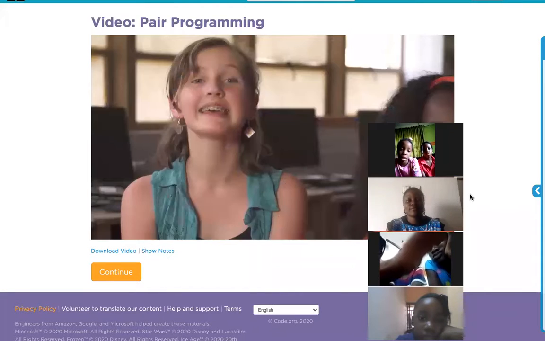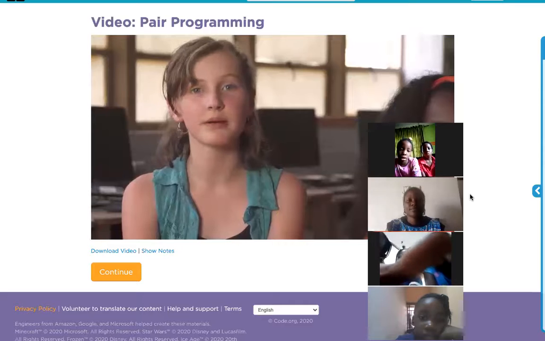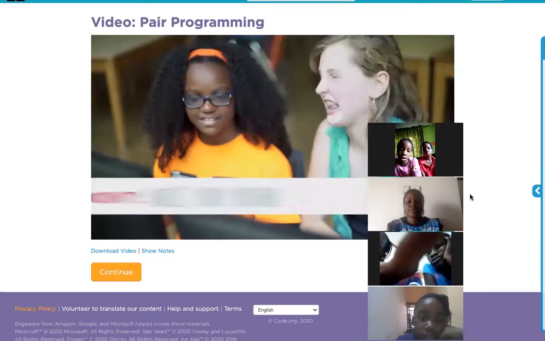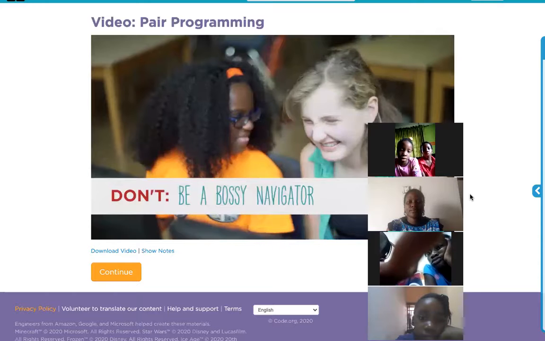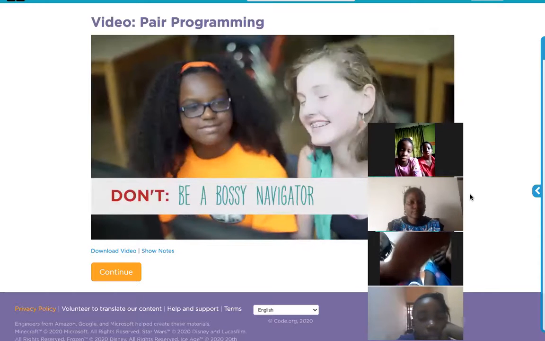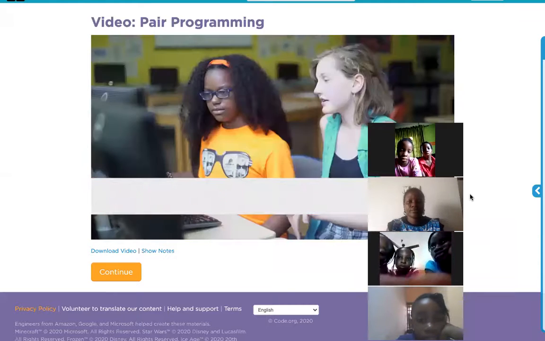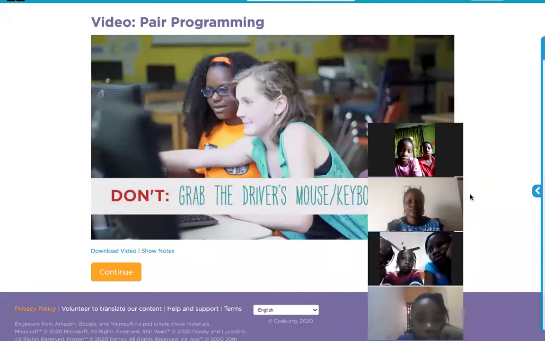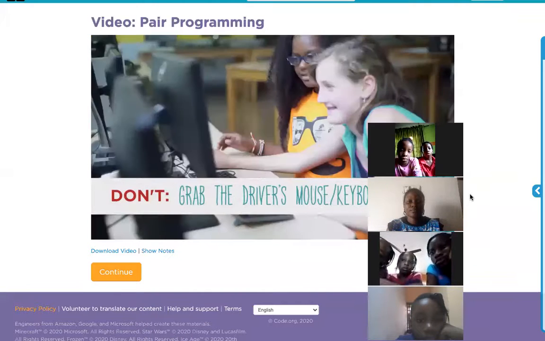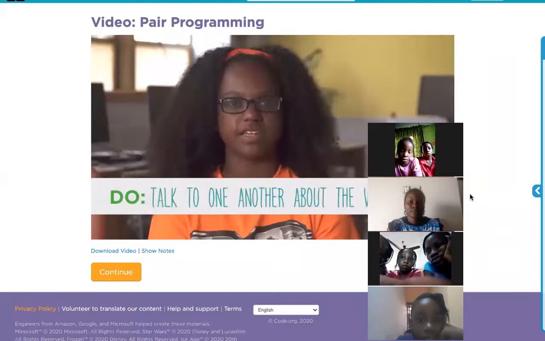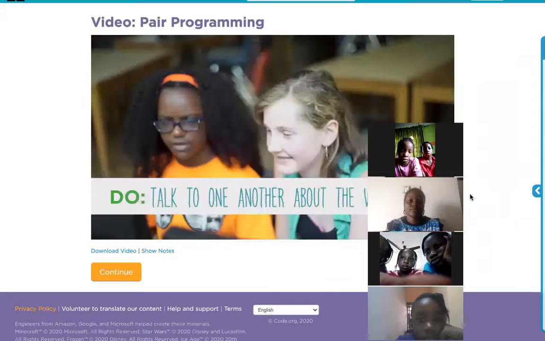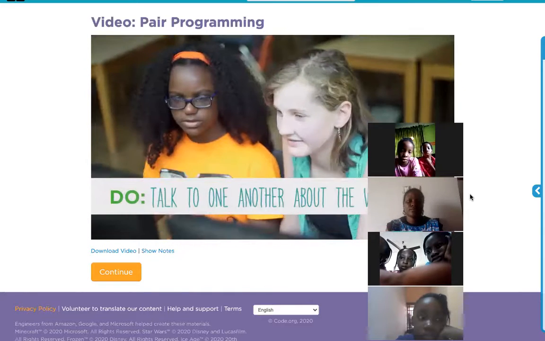Communication is key to successful pair programming. No insults. Be respectful. Don't be a bossy navigator, because nobody likes a backseat driver. Communication is key to successful pair programming. You and your partner should always be talking.